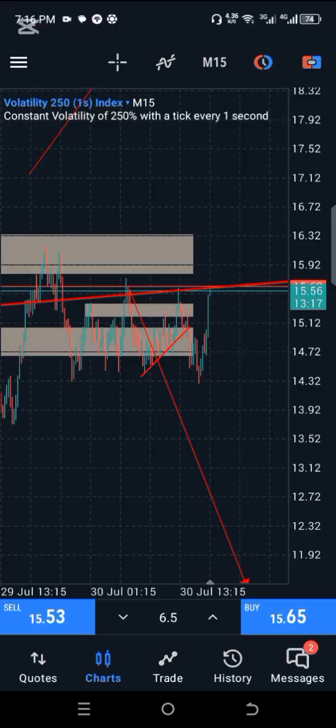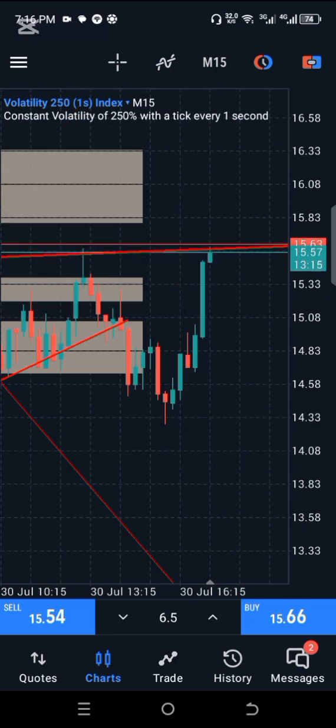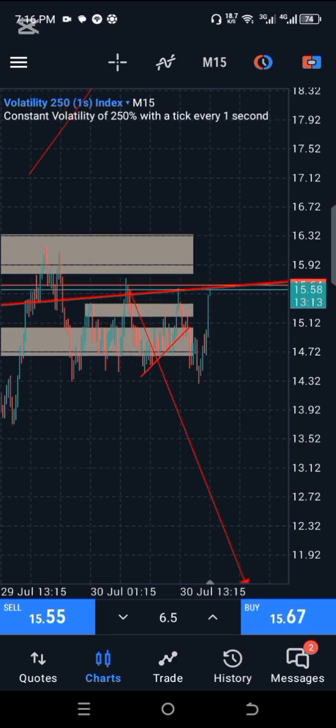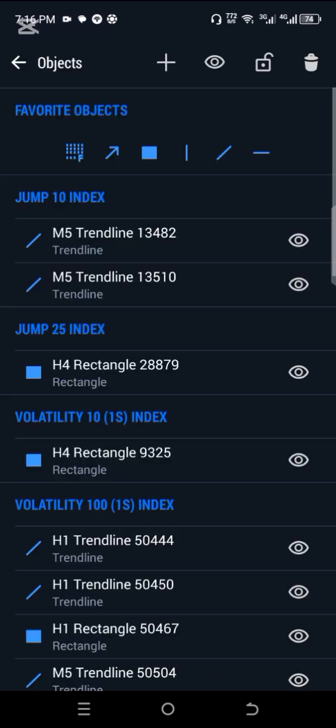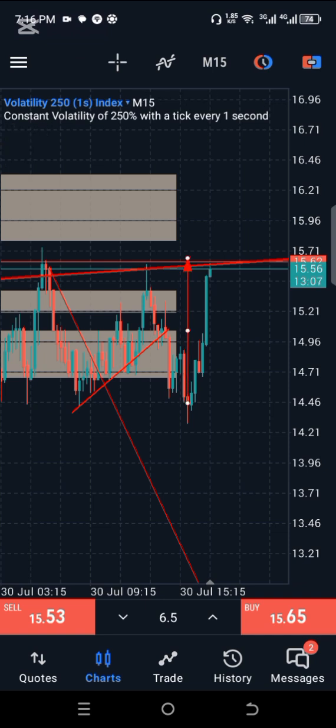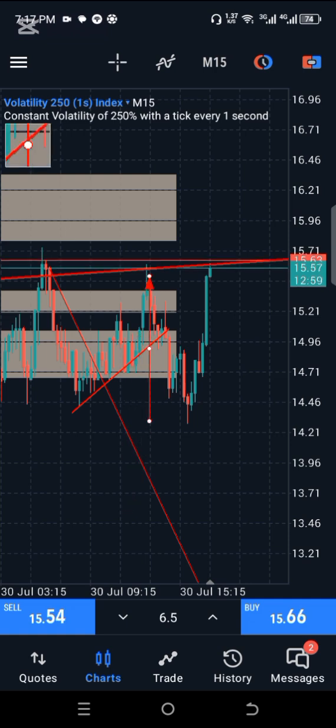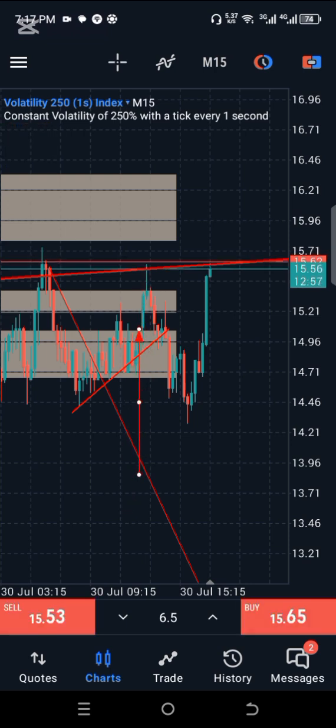Twelve seconds later. So what happened now is that we were stopped out. We got taken out. We risked the whole account. We had entered with a lot size of 3.5, price went up, took us out, and started coming back down here.